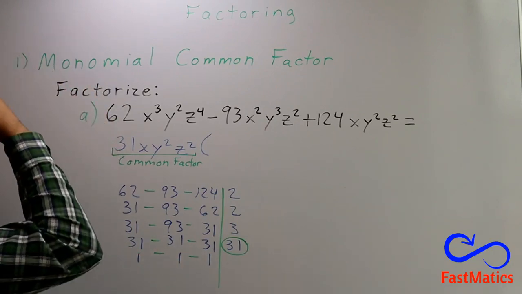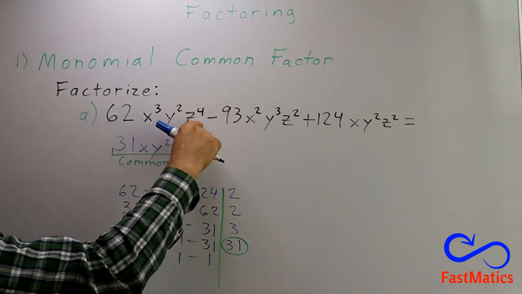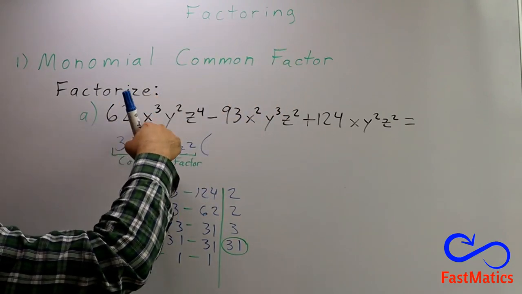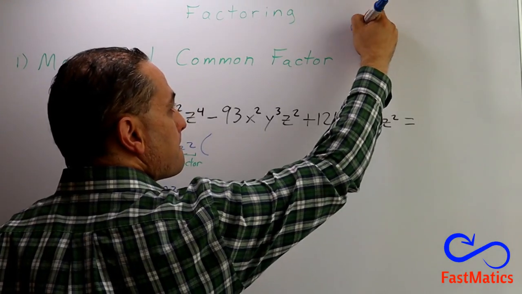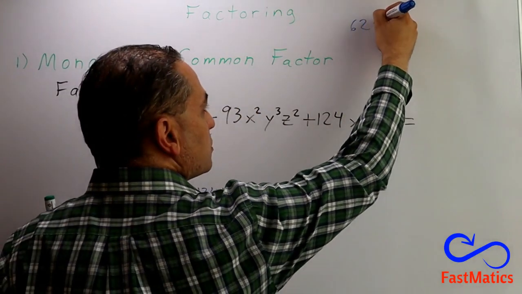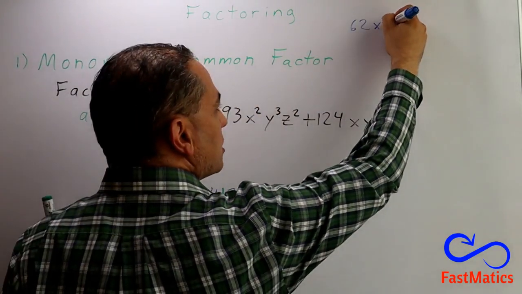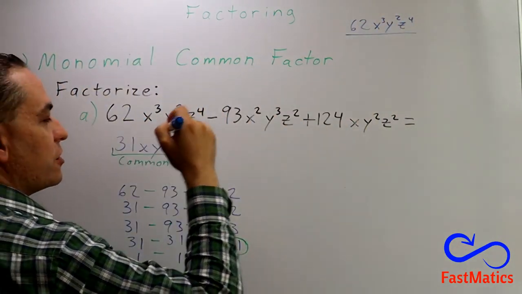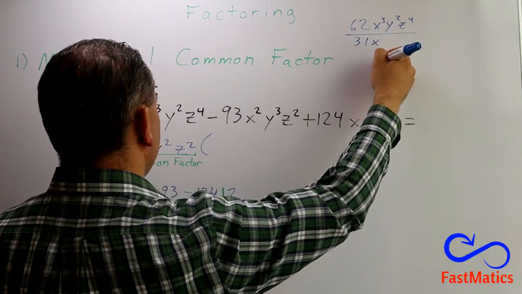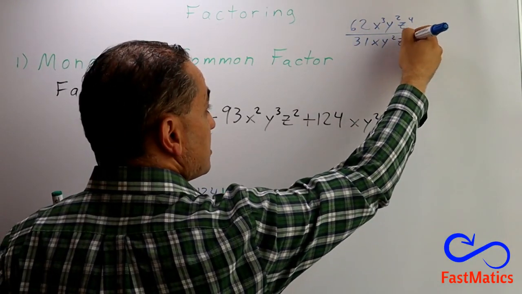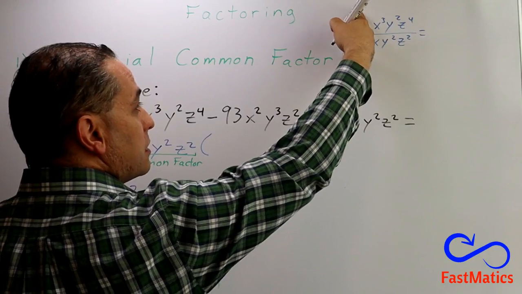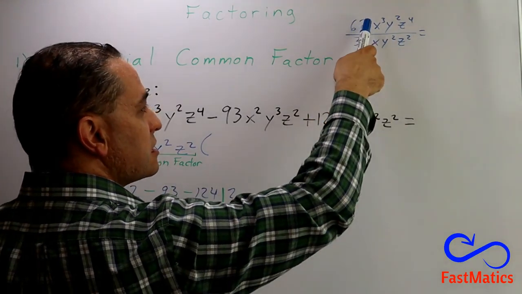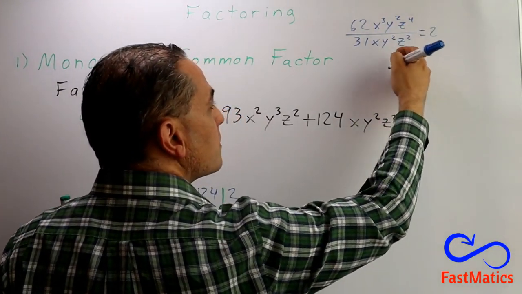So, if you can't do the division in your mind, you can write that division. 62 x cubed y squared z to the power of 4 divided by 31 x y squared z squared. So, positive divided by positive, positive. 62 divided by 31 is 2.